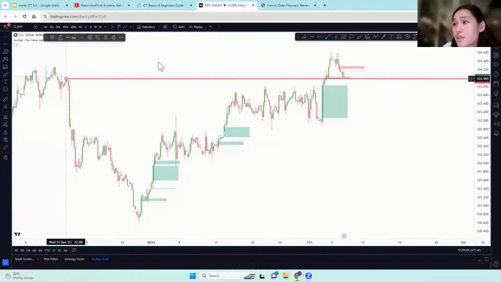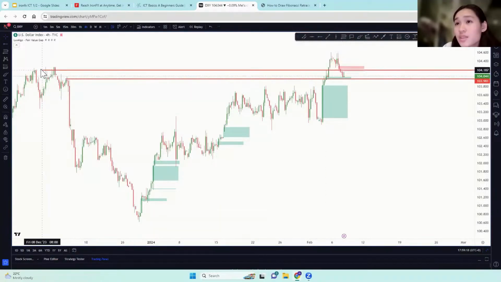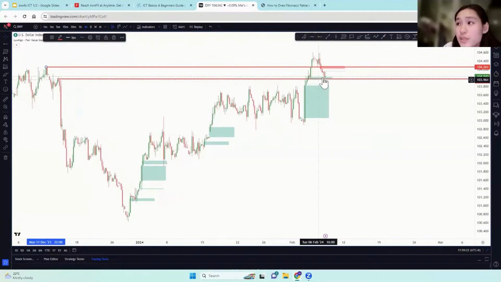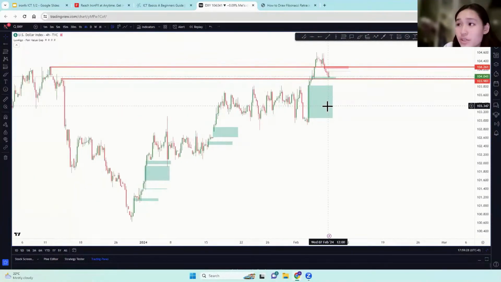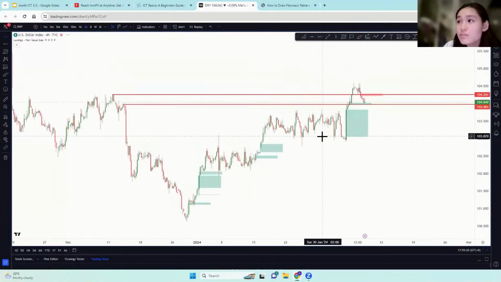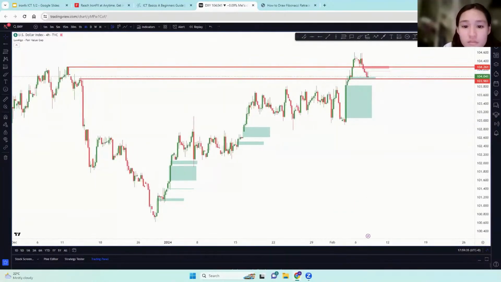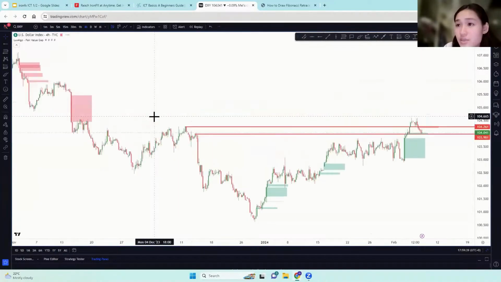We have this green highlighted area, which is in line with this swing high. This fair value gap is in line with this resistance area as well. So we're expecting price to continue to rebound off this area and drop below it. So that's for resistance levels.